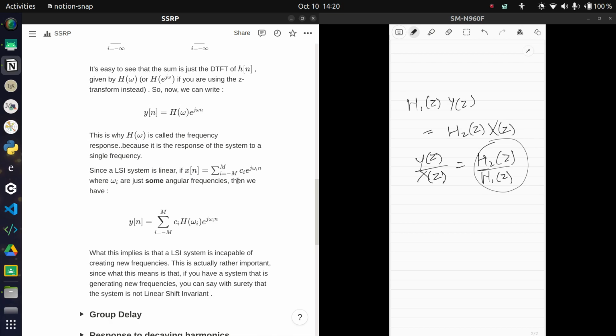So all in all, your frequency does not change. You still have something like e to the j omega n, just times some complex number. If somehow your system was giving you new frequencies, you're in trouble. Either the system is not linear shift invariant, or there's aliasing happening.